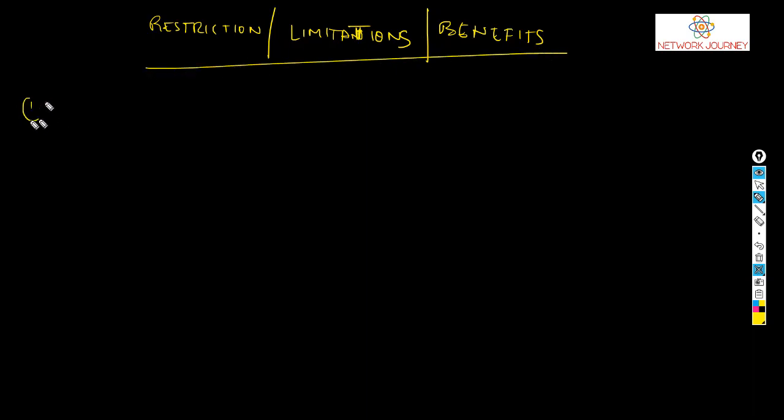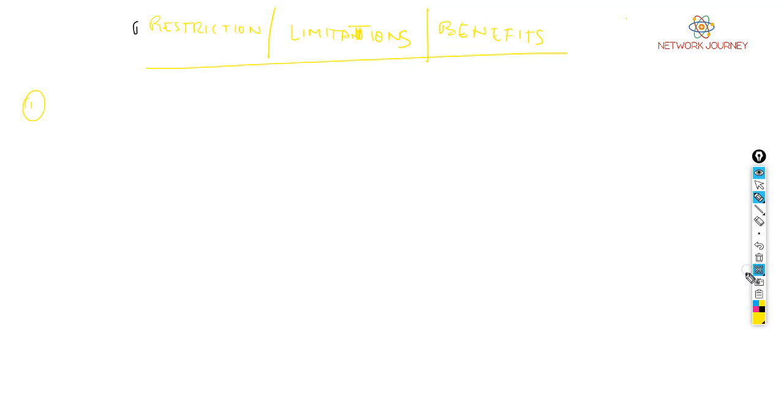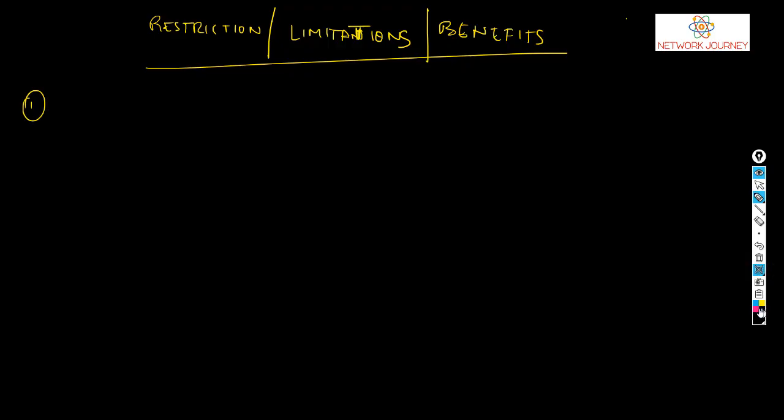So the first benefit is that by default a switch, if you enable anything like SPAN or RSPAN, is going to capture all the traffic and then work accordingly.